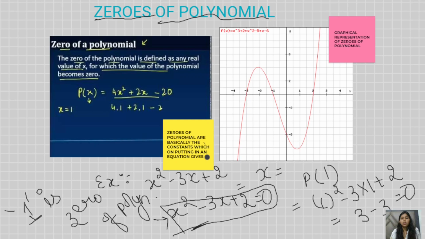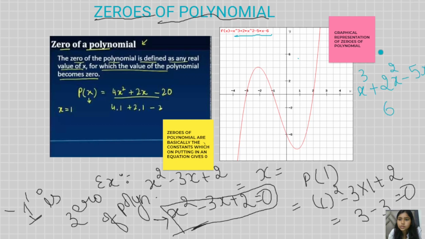Let's have a graphical representation of the zero of a polynomial. The graphical representation is like this. There is an equation mentioned above, as you all can see. I'll write it down: x cube plus 2x square minus 5x minus 6.